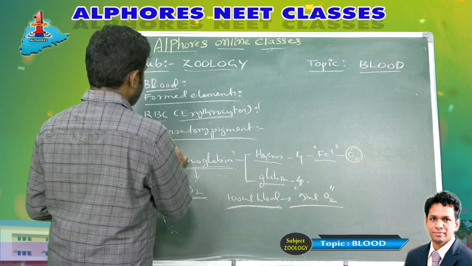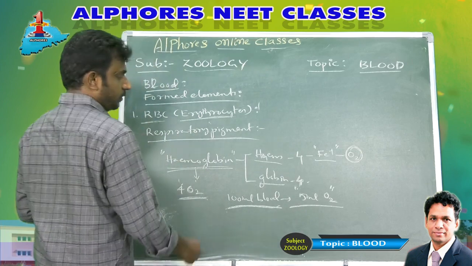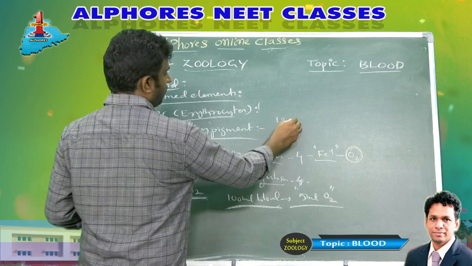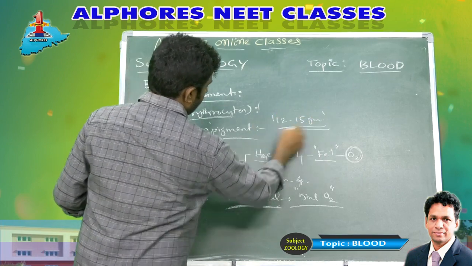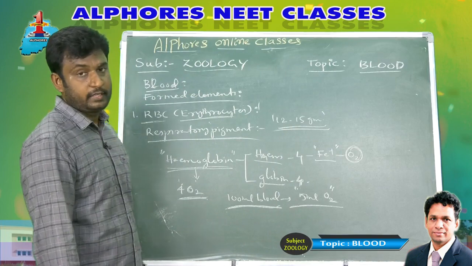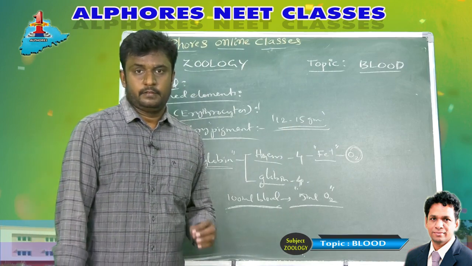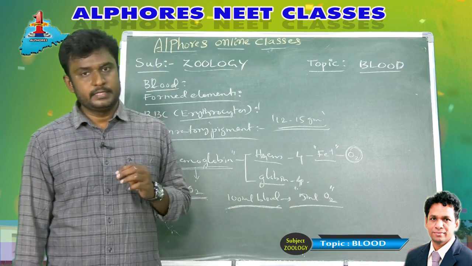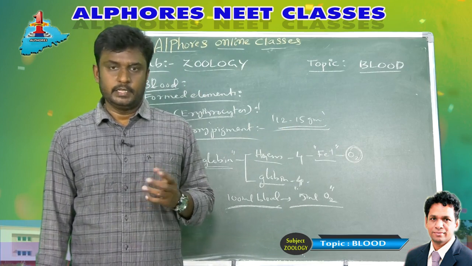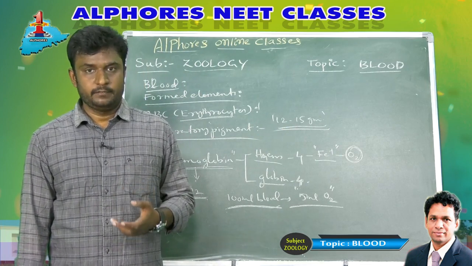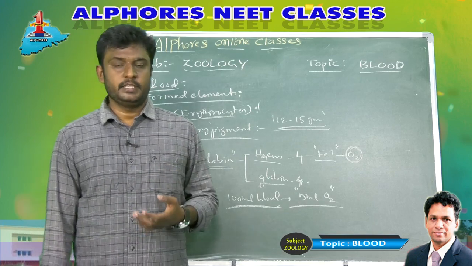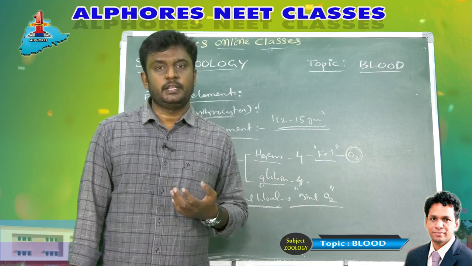The amount of hemoglobin is 12 to 15 grams per 100 ml of blood. If the amount of hemoglobin decreases, it also causes a disease called anemia. Loss of hemoglobin or loss of RBCs causes the disease called anemia.